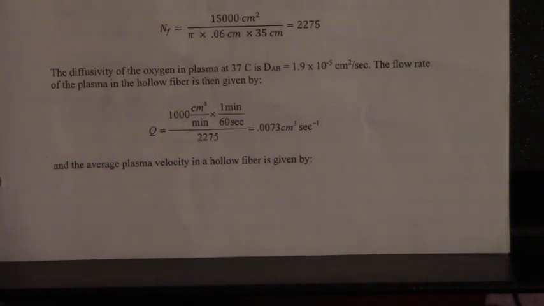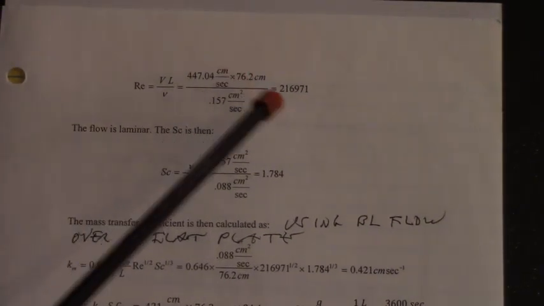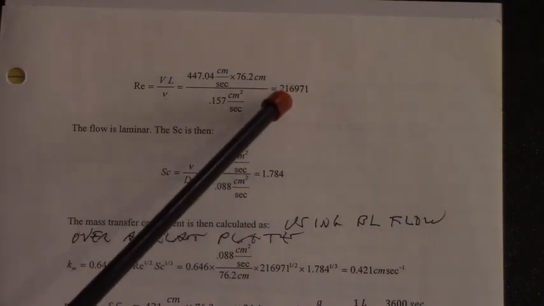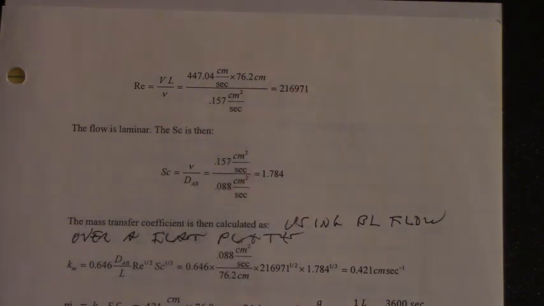So the first thing to do is to calculate the Reynolds number, which is shown up here at the top of the next page, and we calculate then a laminar Reynolds number for flow over a flat plate of 217,000, which is less than the value for which you transition to turbulent flow, which is around 300,000.